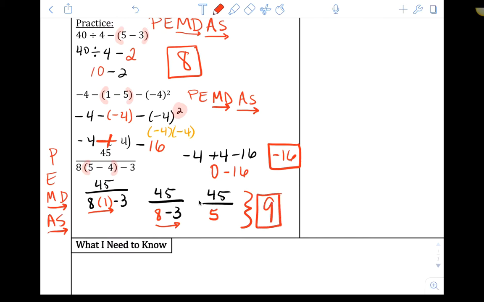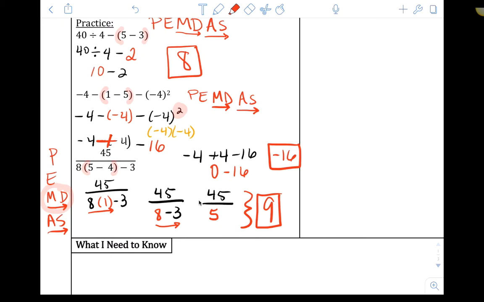I just realized I did not clarify when I did multiplication and division that in the PEMDAS part, I jumped right here and I went to 8 times 1. I didn't even discuss this division bar right here. What you want to do is you want to try to isolate the numerator and the denominator and do those separately.